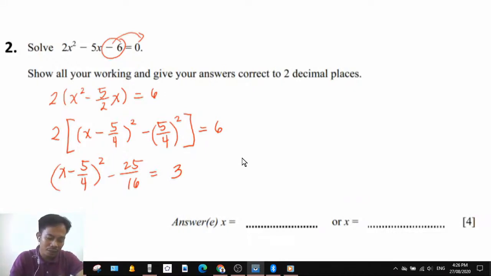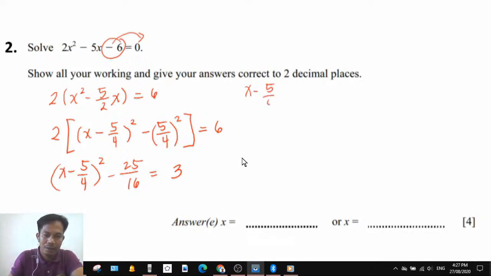So I have now 25 over 16 over here. Next, I am going to put negative 25 over 16 on the other side. It will have x minus 5 over 4 squared is equal now to 3 plus 25 over 16.